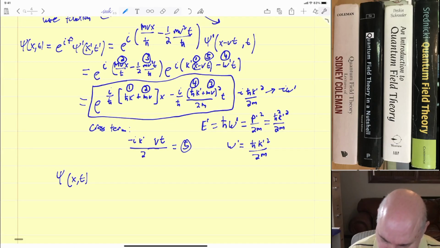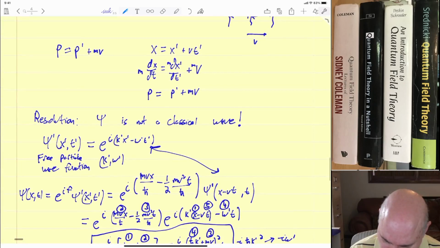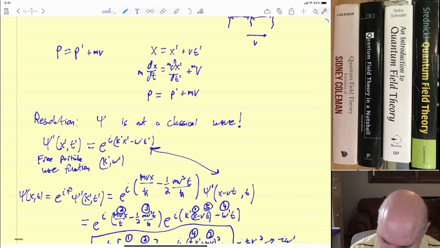And now I get psi of x comma t is equal to e to the i, the h bar cancels out, so I have k plus m v over h bar, and if we divide this by h bar, we also have that k is equal to k prime plus m v over h bar.